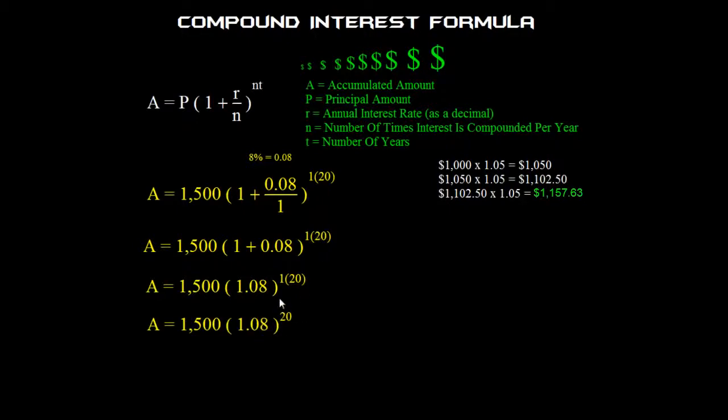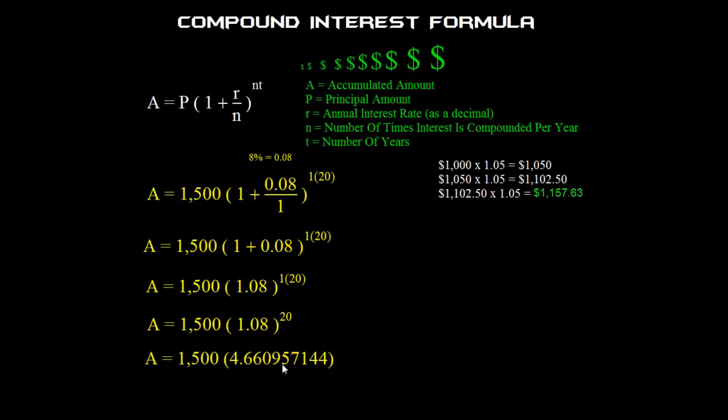Now we're working on our exponents up here, and I just multiplied 1 times 20, giving us 20. So now we have 1.08 to the 20th power, and this is not 1.08 times 20. This is 1.08 times 1.08 times 1.08, all the way out 20 times. And that leaves us with this long decimal number here.